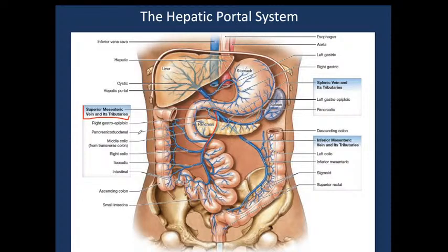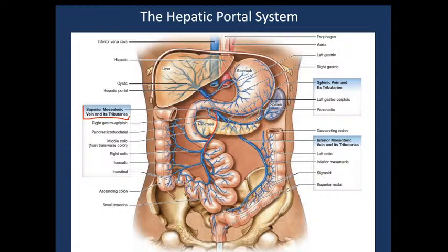As you see, the superior mesenteric vein collects blood from veins draining the stomach, the right gastroepiploic vein, the small intestine, and 2/3 of the large intestine. Usually this is the cecum, ascending colon, and a half of the transverse colon.